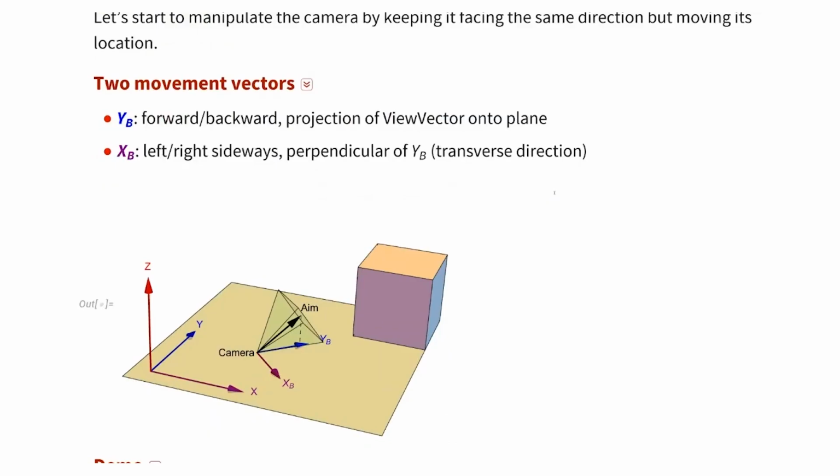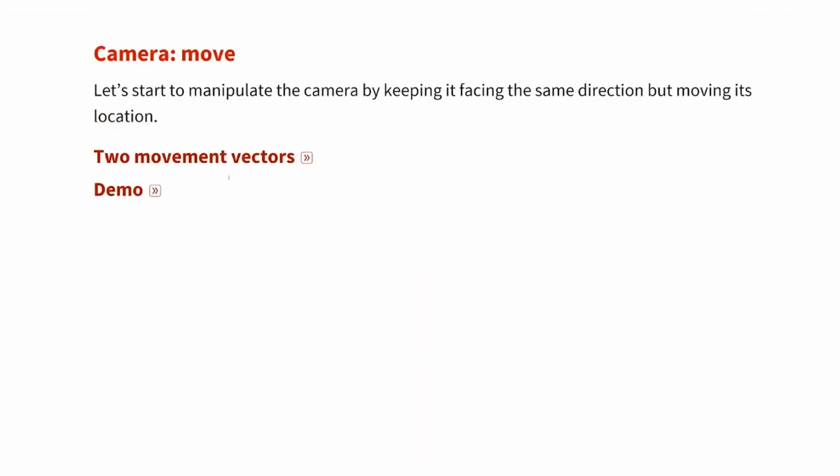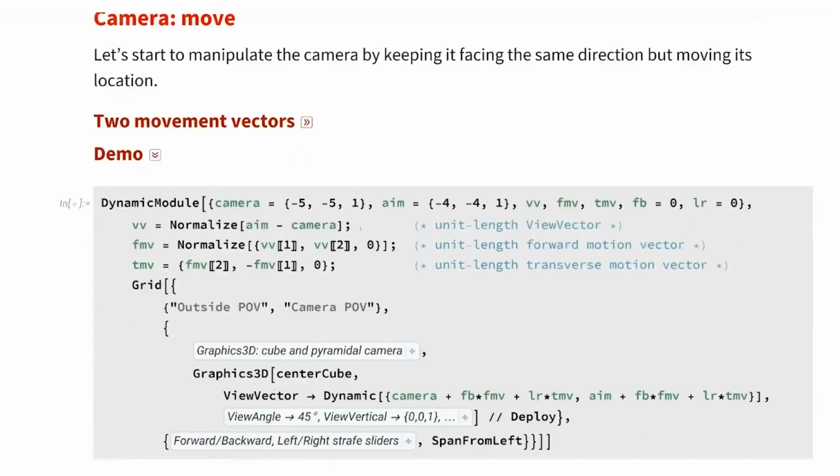So I'm going to consider a body fixed sort of coordinate system where the camera is the origin of this fixed coordinate system. And then the aim point is a unit distance away. You can project that down into the plane, and that gives our forward and backward motion. And then I can take the perpendicular to that, which gives the transverse motion. And so with those 2 vectors, we can translate the camera. So here I have the view vector in unit length.